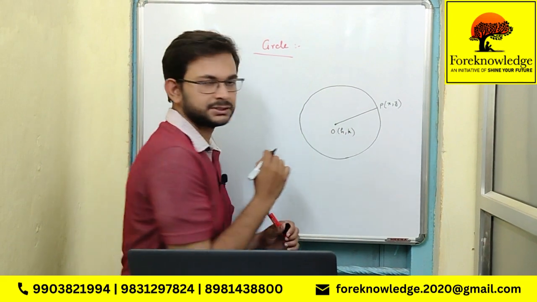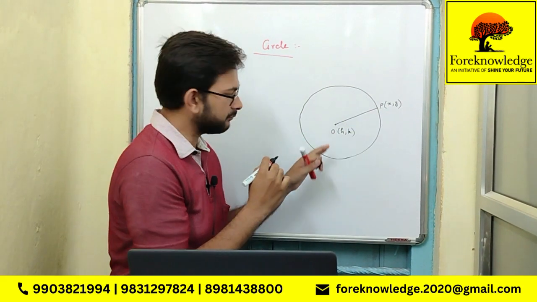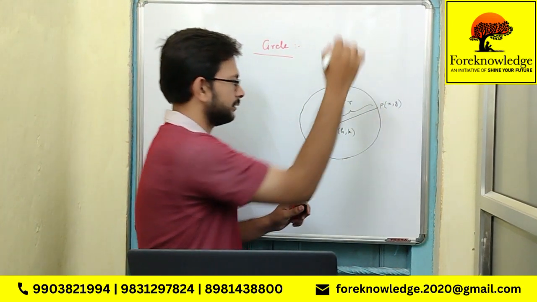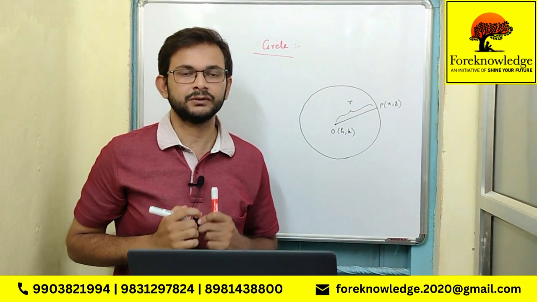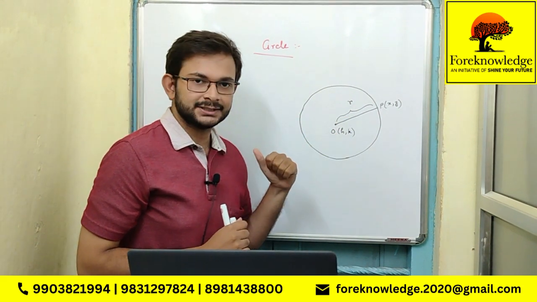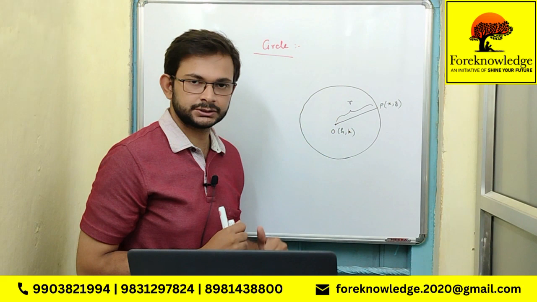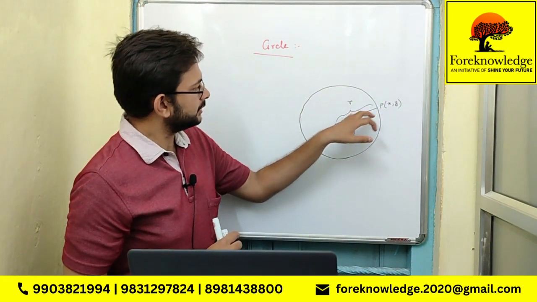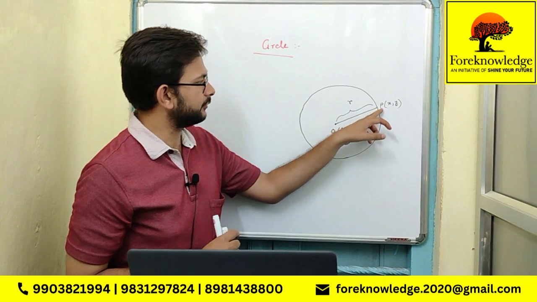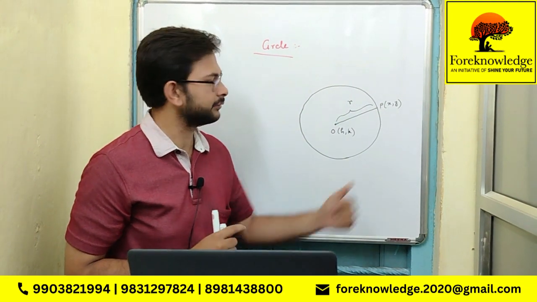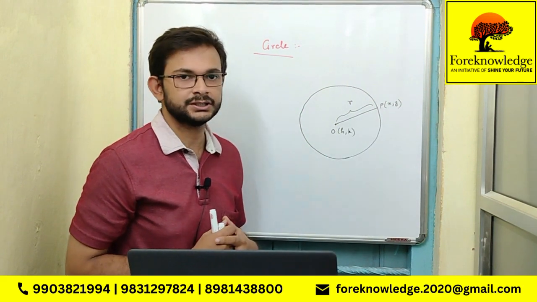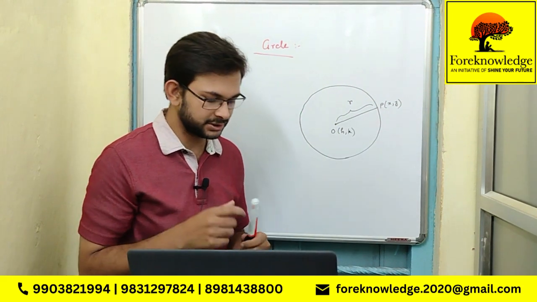Suppose the distance of P from the center is R. So the setup is: the center is at h, k, the distance of the center from the moving point P is R, and the moving coordinates are x, y.